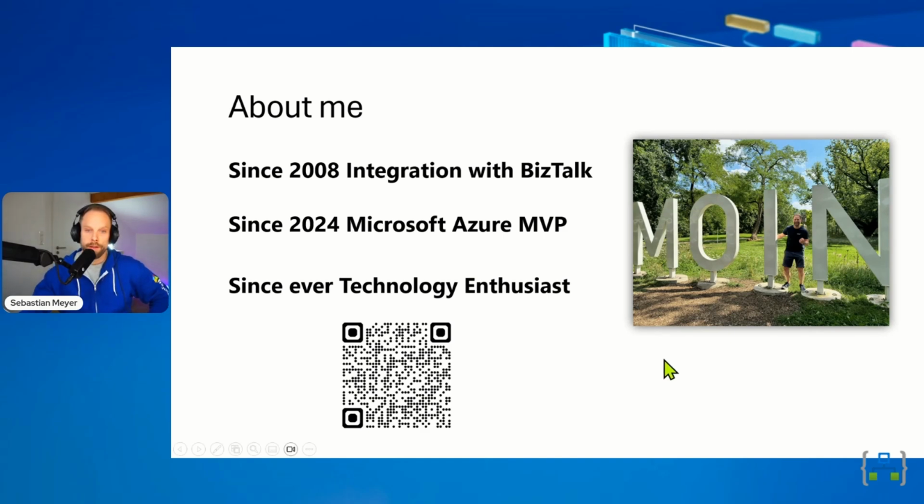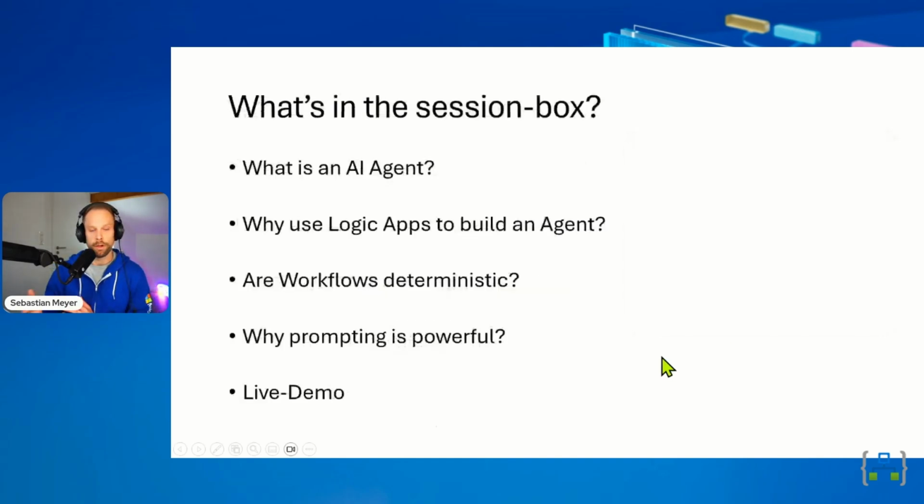Okay, so let's go over to the topic of today and see what you can expect from today's session. First of all, we will clarify what an AI agent actually is. After that, I will point out why Logic Apps are an excellent platform for such agents.